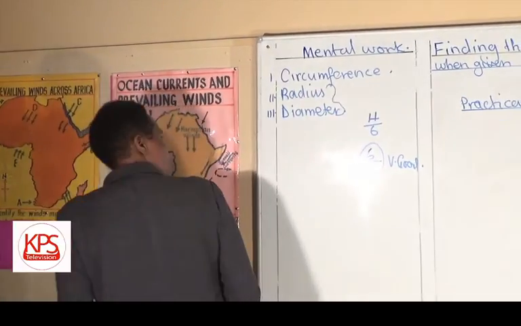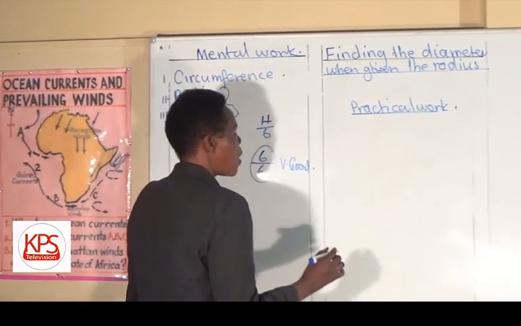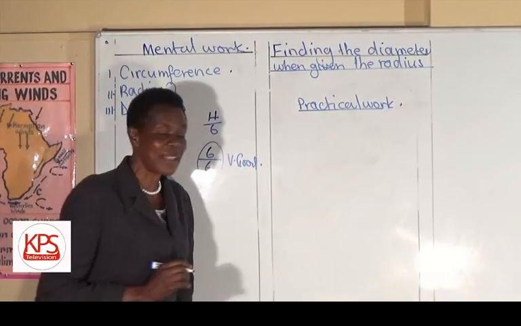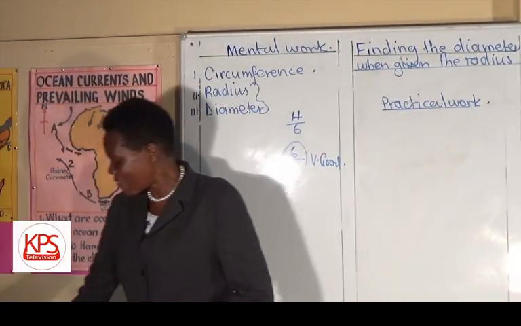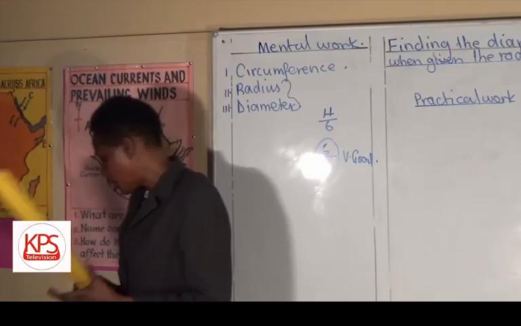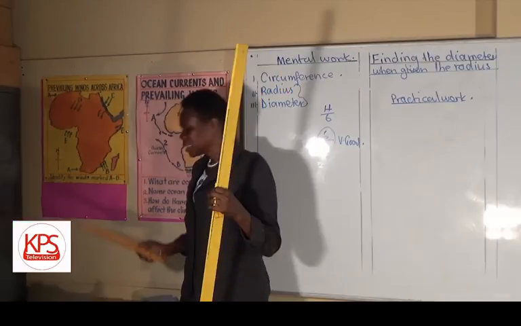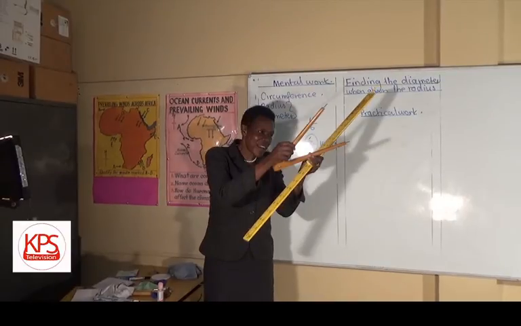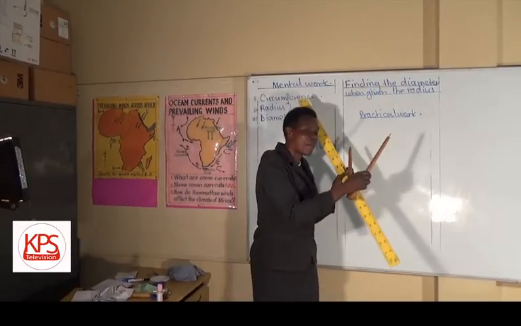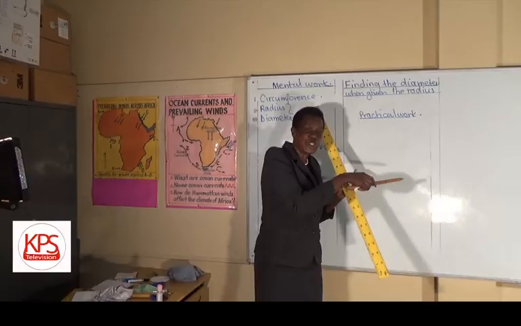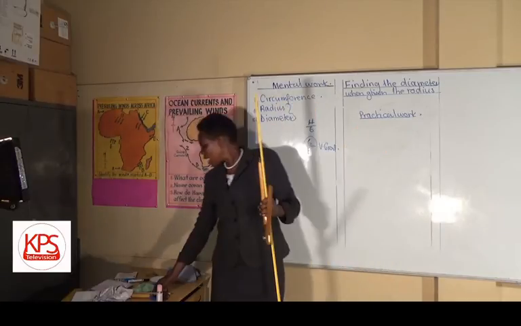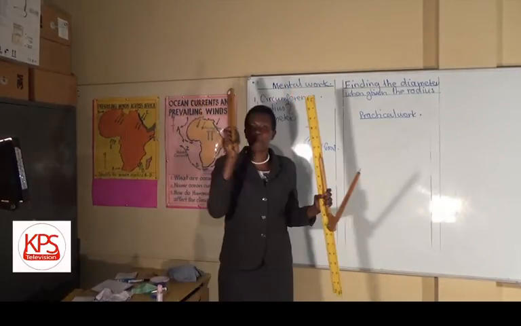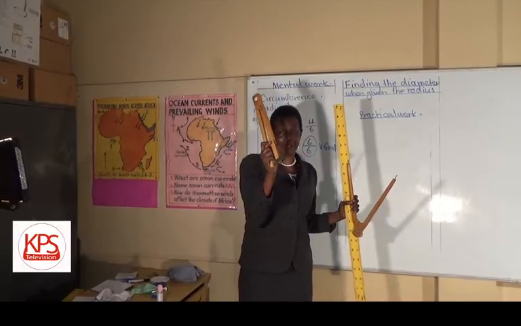So the first one we are going to draw, I want you to have the following materials. I have mine here. You have a ruler, a pair of dividers to transfer your measurement from the diagram to the ruler. I want you to get a pair of compasses.